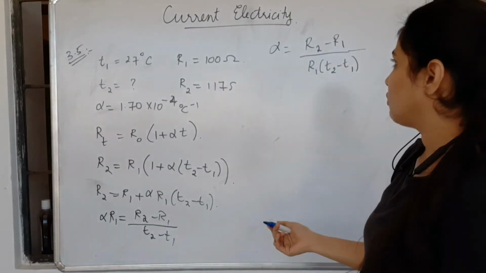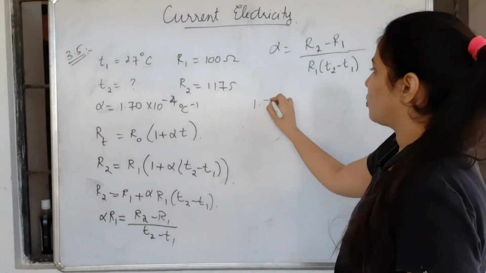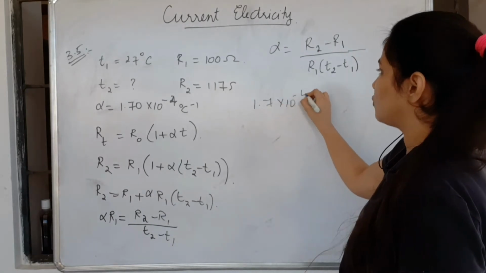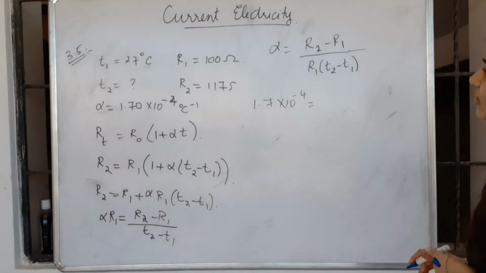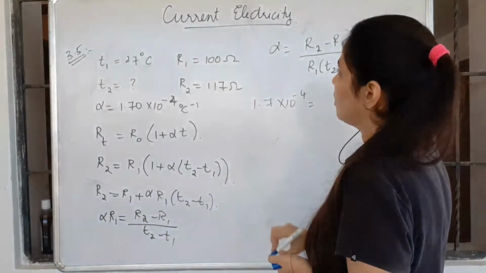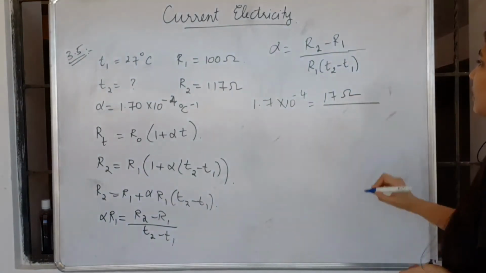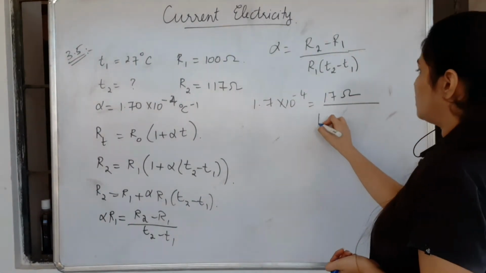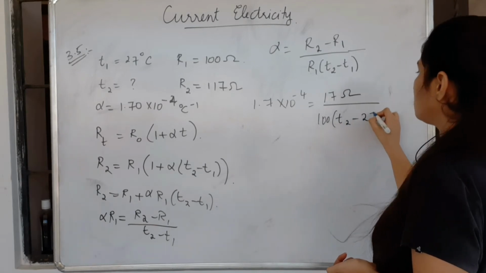We can change the equation later, but we will start with this equation. So alpha is 1.7 into 10 power minus 4 is equal to, what is R2 minus R1? 117 ohm minus 100 ohm, that is equal to 17 ohm, divided by R1 100 into T2 we don't know minus 27.